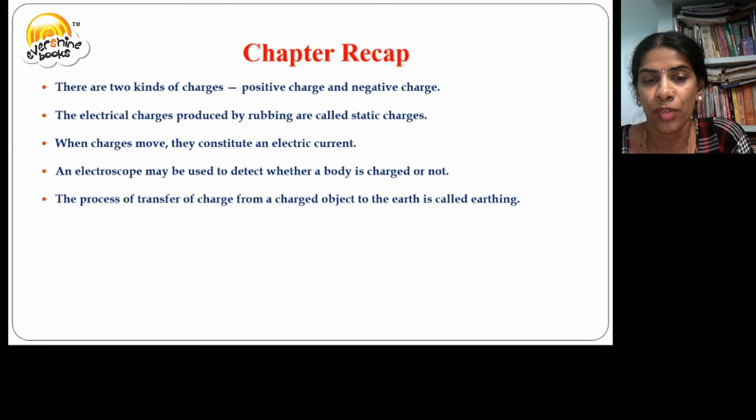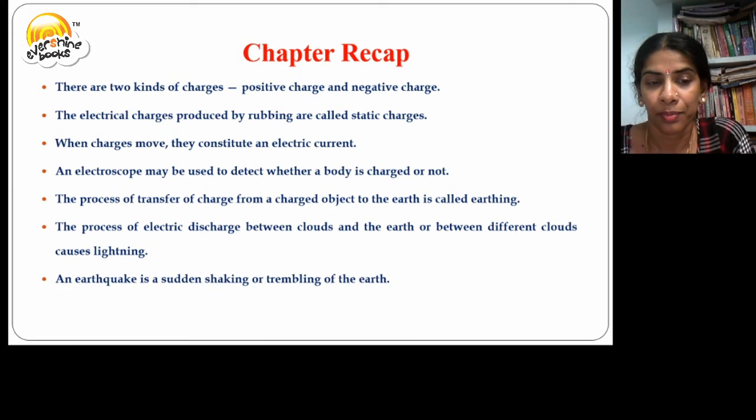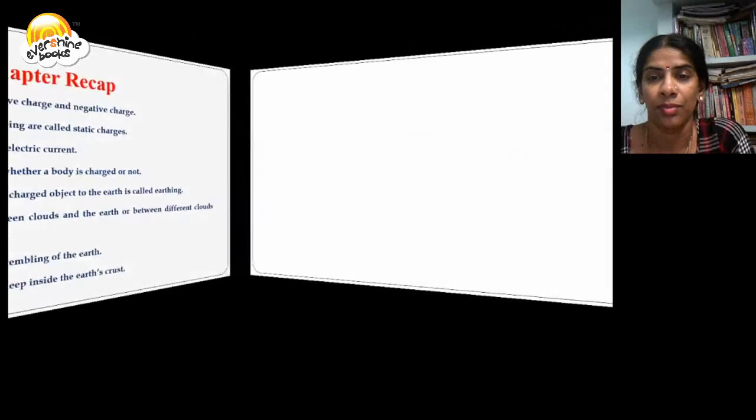The process of transfer of charge from a charged object to the earth is called earthing. The process of electric discharge between the clouds and the earth or between different clouds is known as lightning. An earthquake is a sudden shaking or trembling of the earth. It is caused by the disturbance deep inside the earth's crust. This ends the chapter.